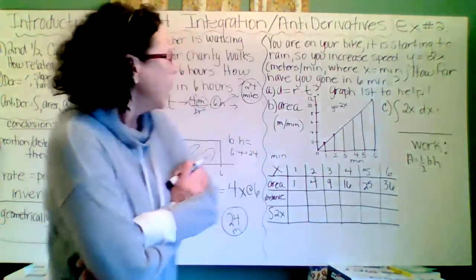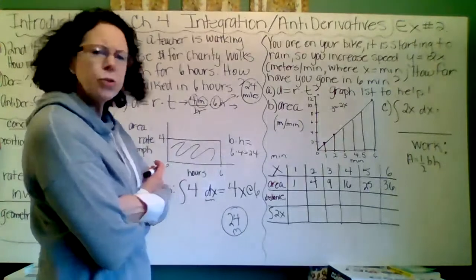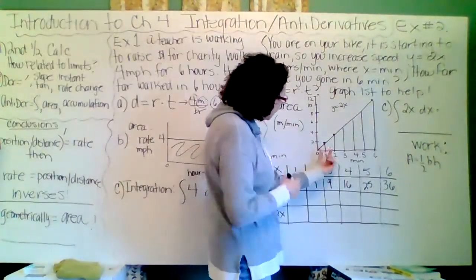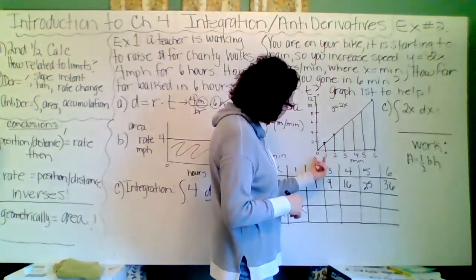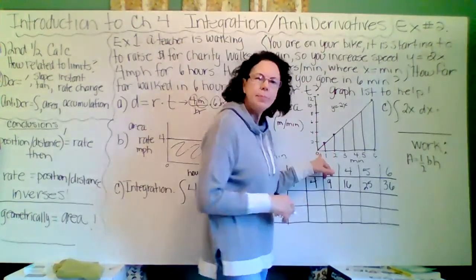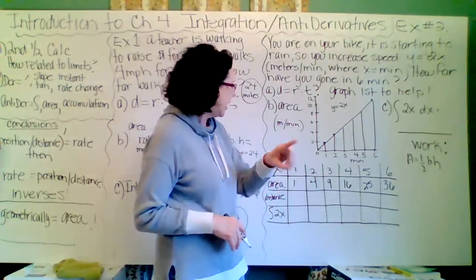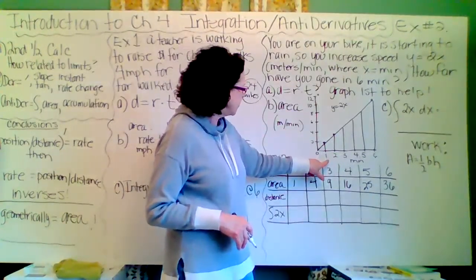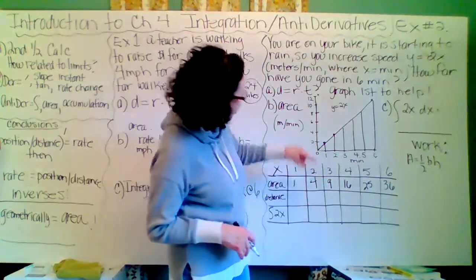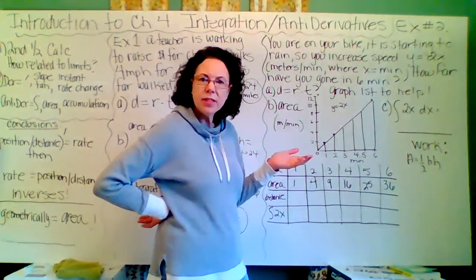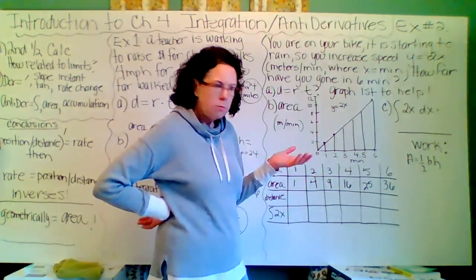Okay, now let's do the distance. Let's just do that for 1 minute. Now that we have a chart to help us, let's take a look. For 1 minute, at the beginning of your first minute, you were going 0, right? At the end of your first minute, you were going 2 miles per hour. And because you were constantly changing, I think we can use the average rate, can't we?